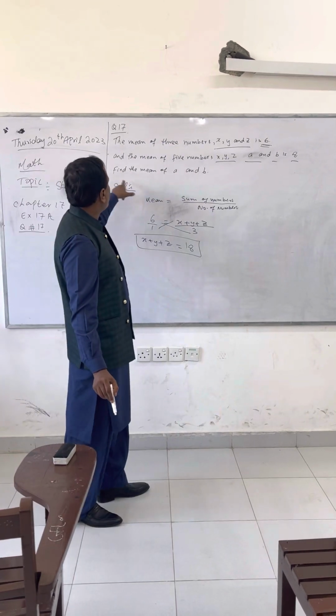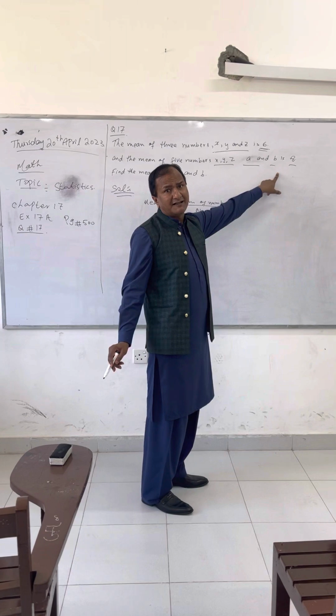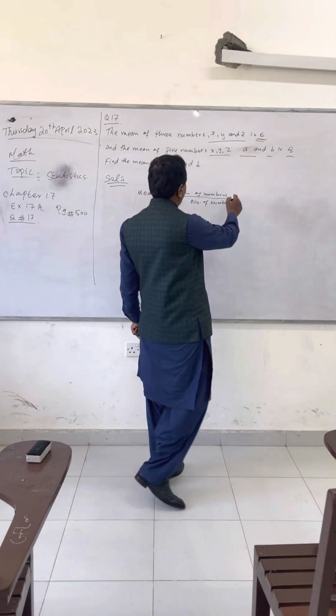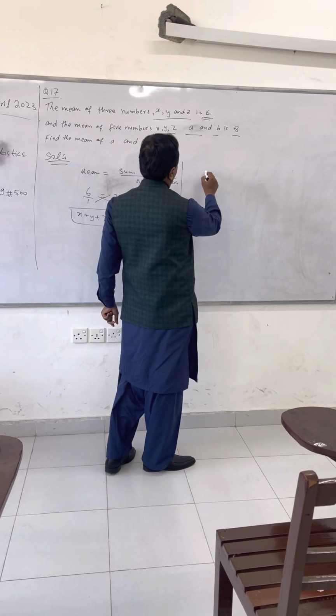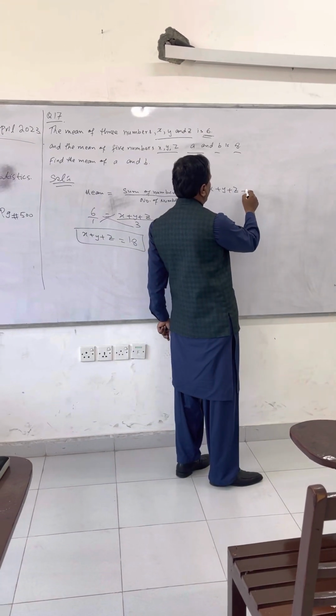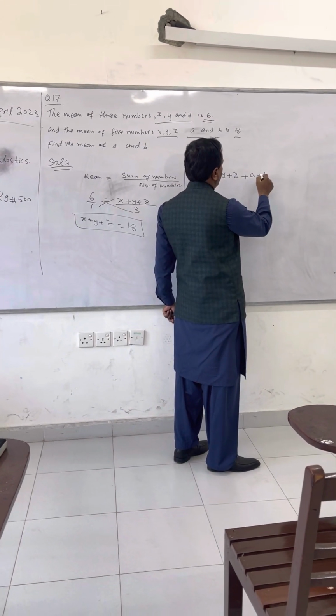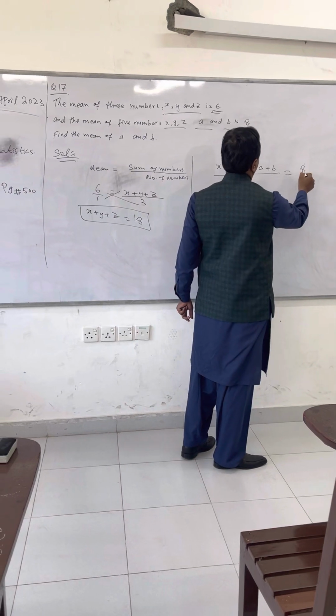Now, the second part of this question is the five numbers, and the mean is 8. What are those five numbers? They are x plus y plus z plus a plus b, and its mean is given, that is 8.